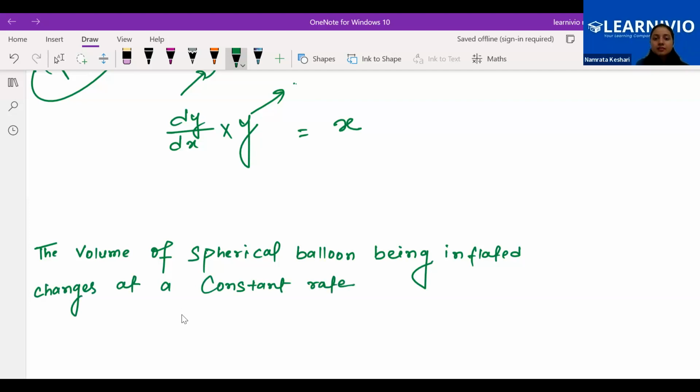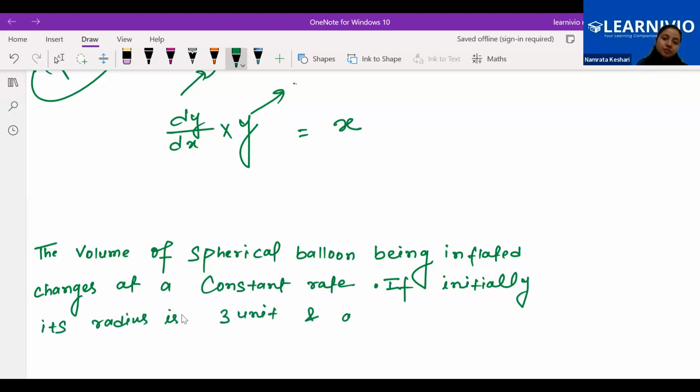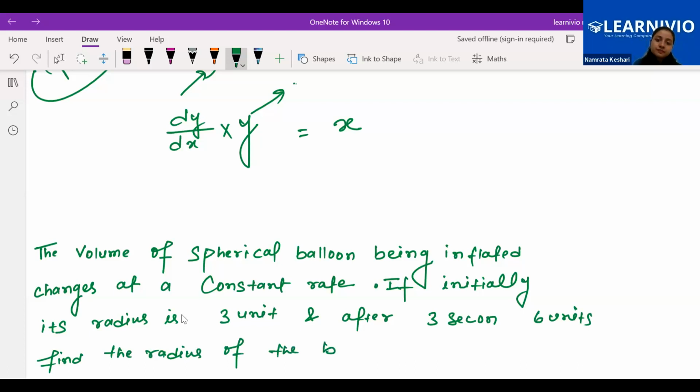If initially its radius is 3 units and after 3 seconds it is 6 units, find the radius of the balloon after t seconds.